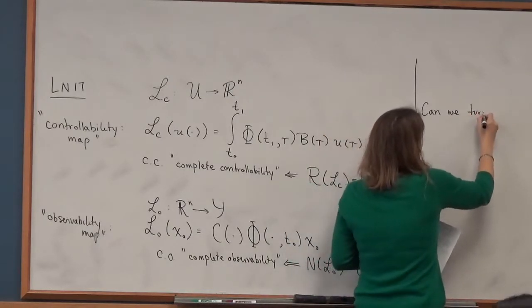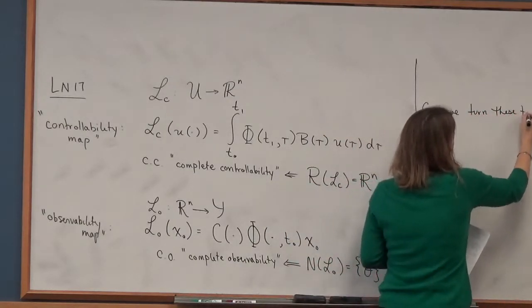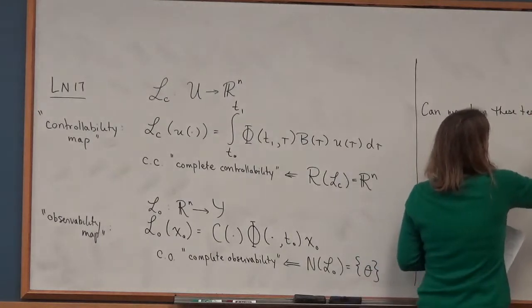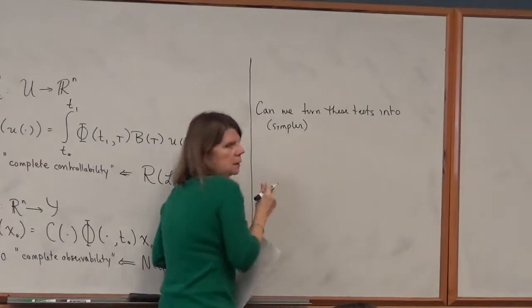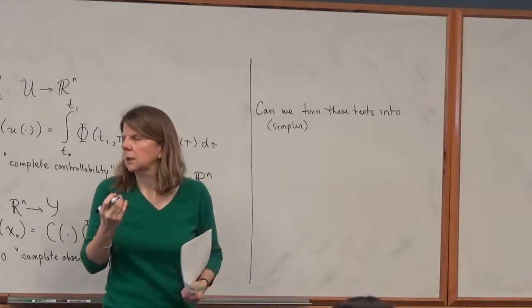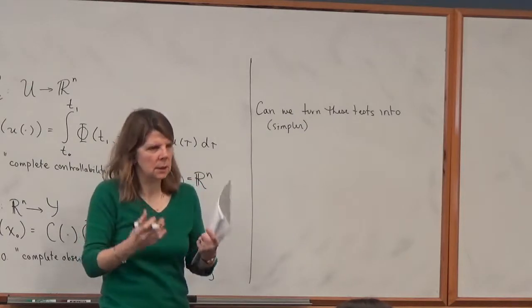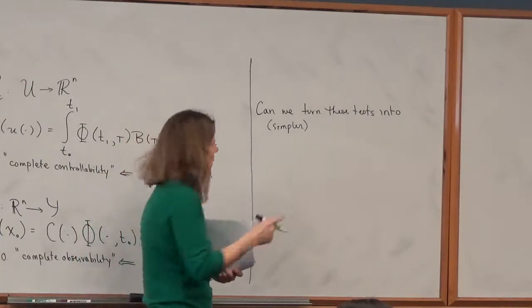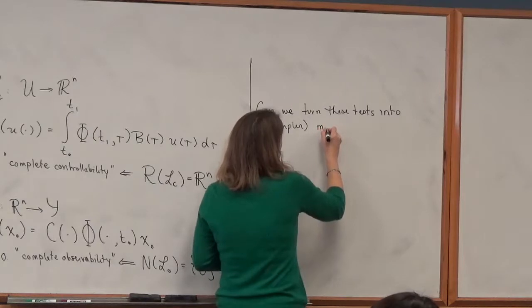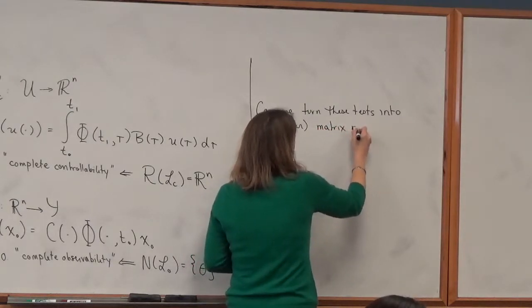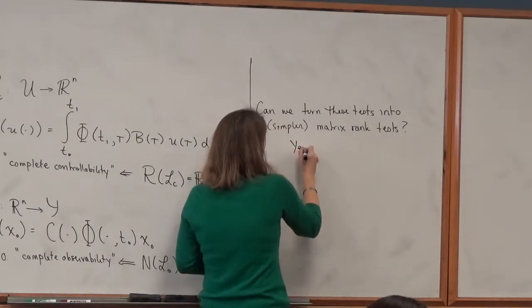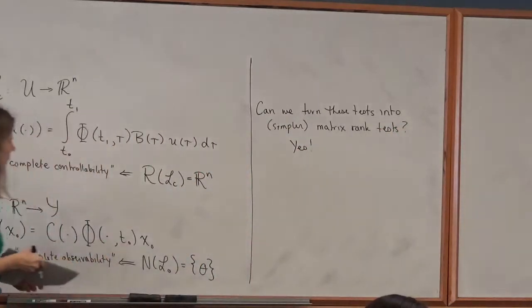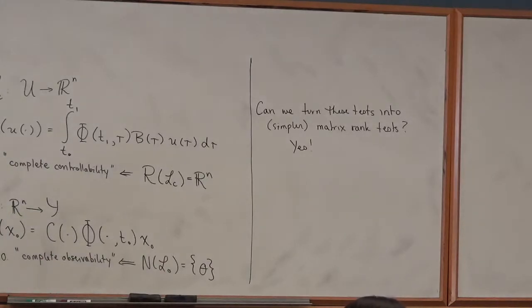So can we turn these tests into, and I'm going to say simpler, by simpler, I mean typically a computational algorithm that is canonical, that we can always do in the same way, into simpler matrix rank tests. And the answer is yes. And we do that by invoking the adjoint of both maps, and then using a very useful lemma, which is where we ended last day.